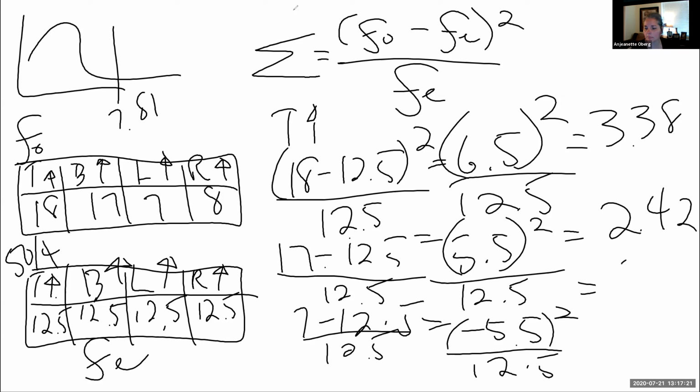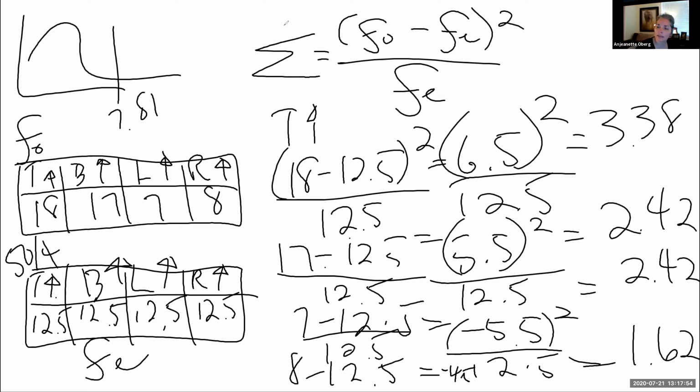So it's still going to be 2.42. And then finally, my last one is going to be 8 minus 12.5. And so that's going to end up being negative 4.5. And when I do 4.5 squared, that equals 20.25 divided by 12.5, that equals 1.62.